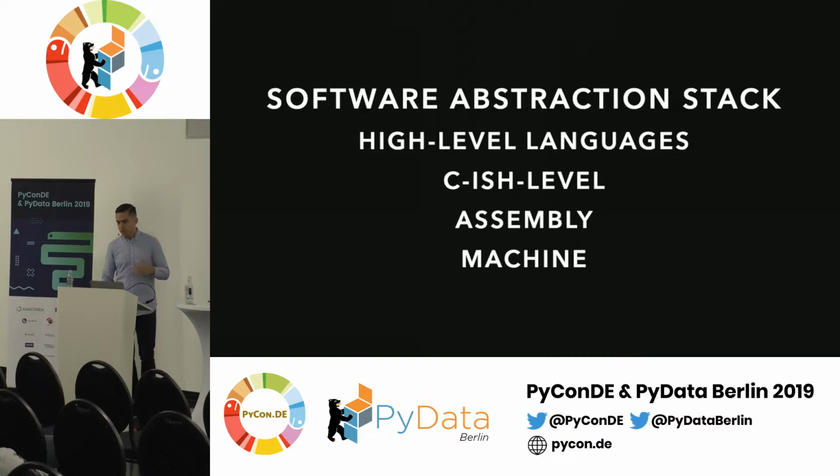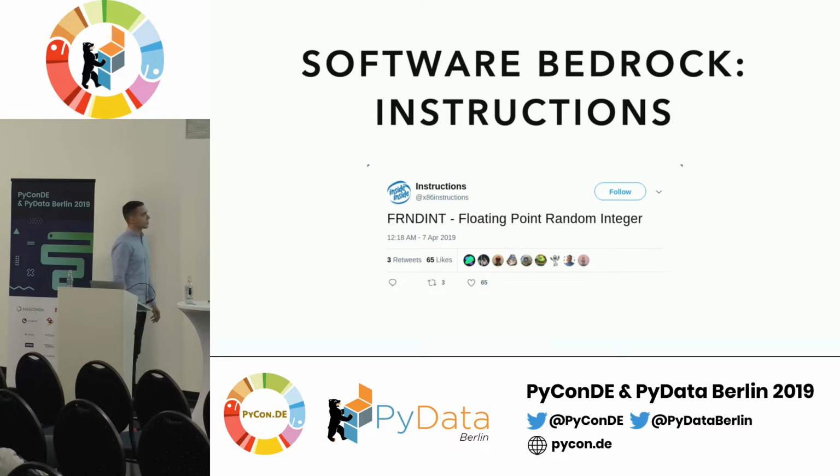So what are those instructions? They're essentially an enumerated list of things that the processor knows how to do. So examples include those from x86. x86 is well known for being very confusing, but they are kind enough to post a Twitter account listing and describing the instructions, such as, well, this one doesn't make a ton of sense, floating point random integer.